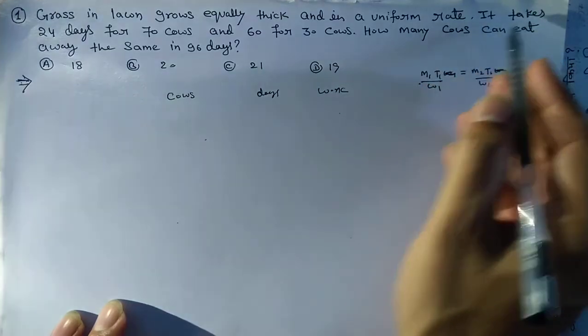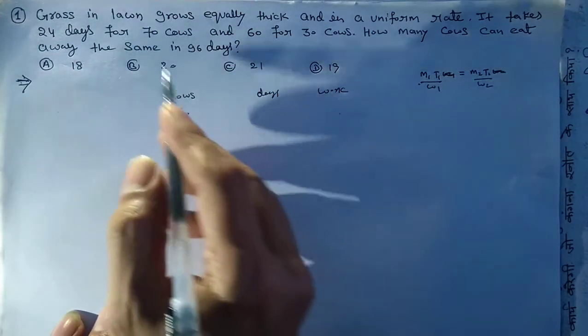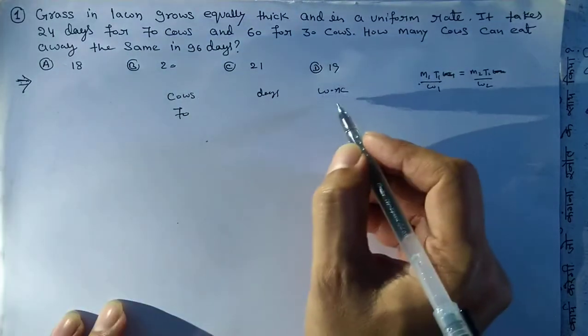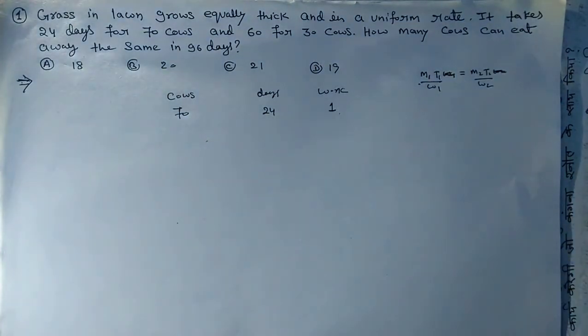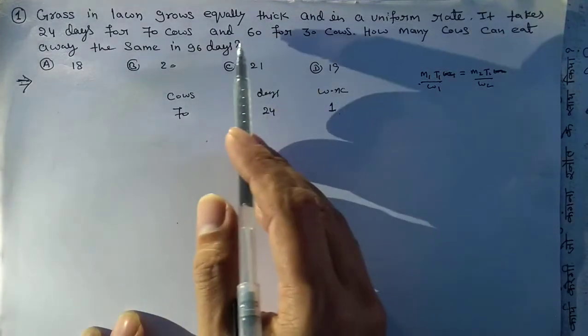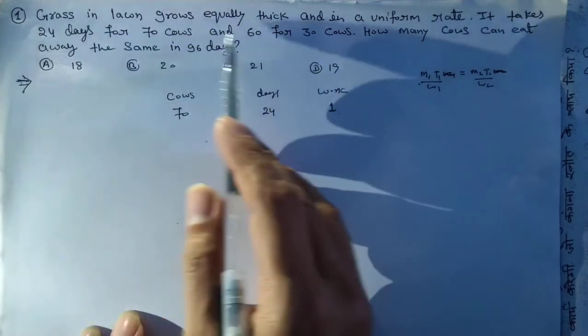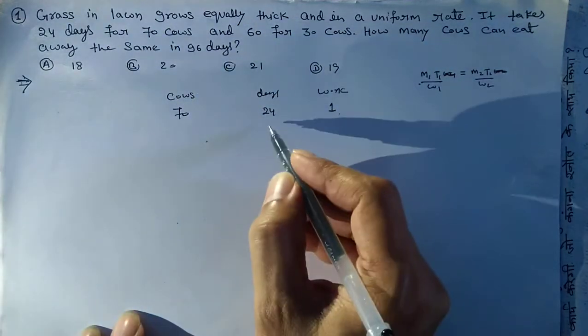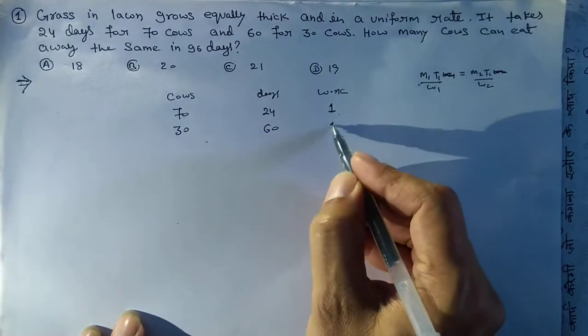So 70 cows and 24 days complete 1 work, the field. And 30 cows in 60 days complete 1 work.